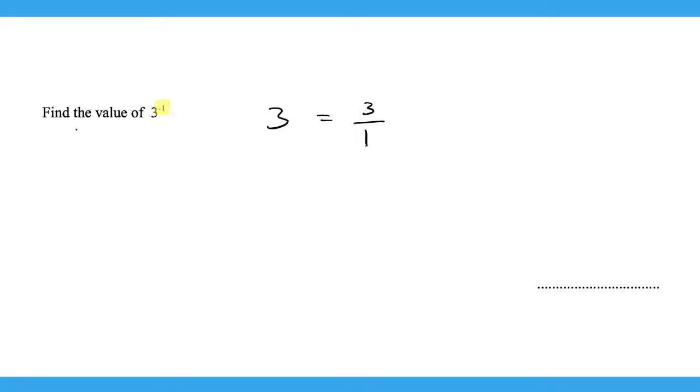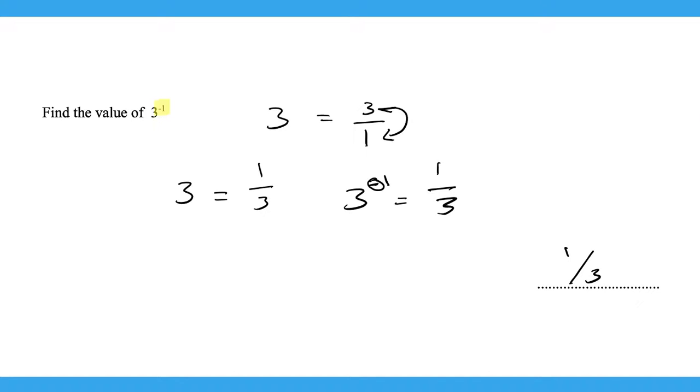Now if we need to find the reciprocal, we just need to flip these numbers over. So the reciprocal of 3 is going to be 1 over 3. So 3 to the power of negative 1, whenever we have a negative number, we would find the reciprocal and it would just be 1 over 3.